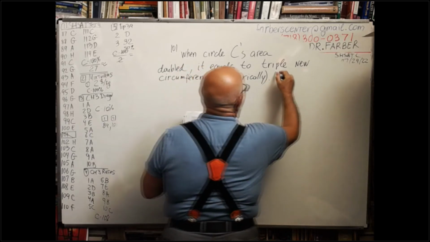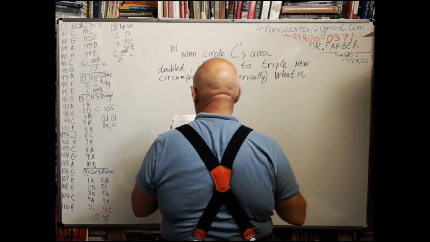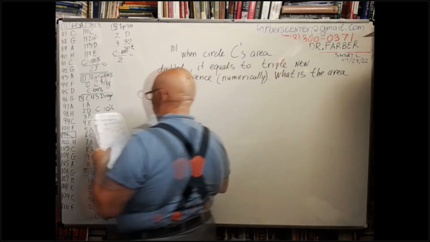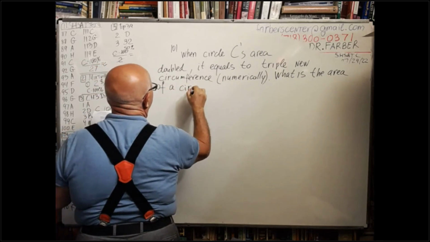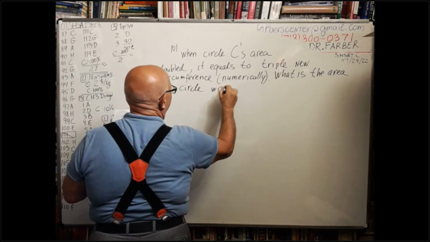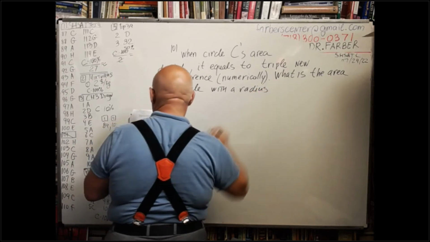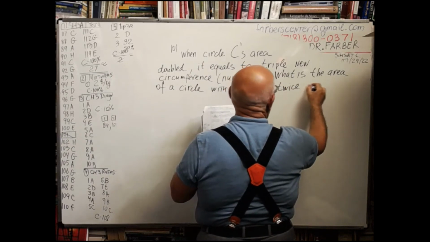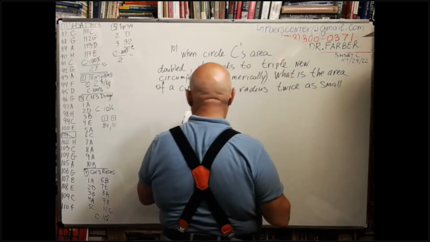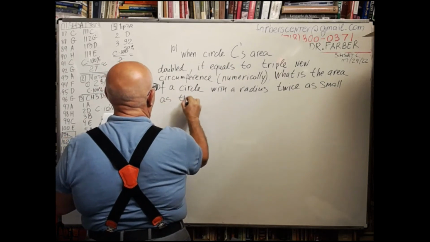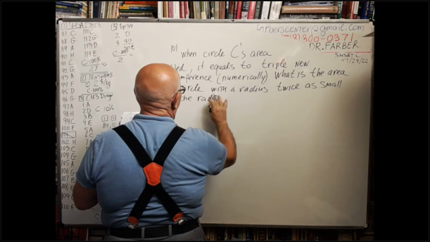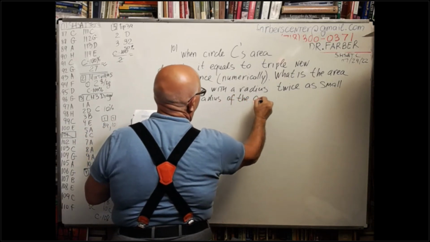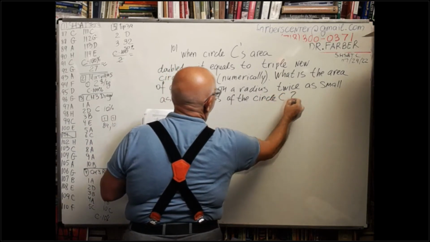Okay, the question is, what is the area of a circle with a radius twice as small as the radius of the circle C. This is better.